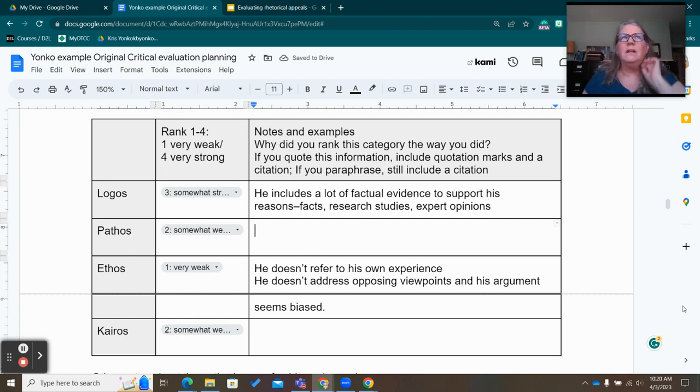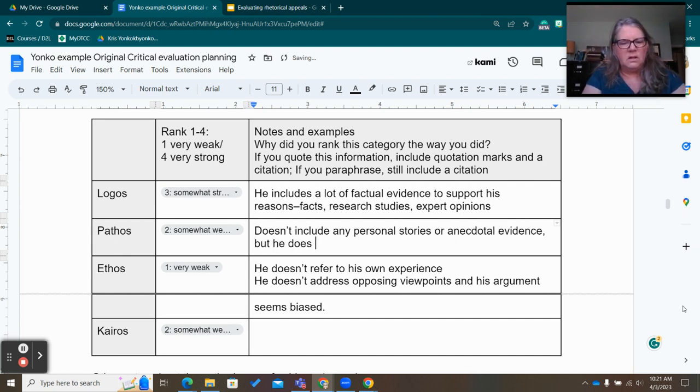Pathos, he doesn't really use any personal stories or anecdotal evidence, but he does have word choice that appeals to emotions.